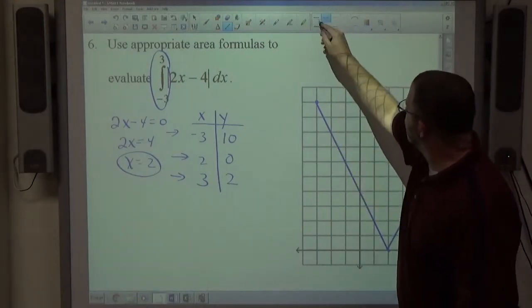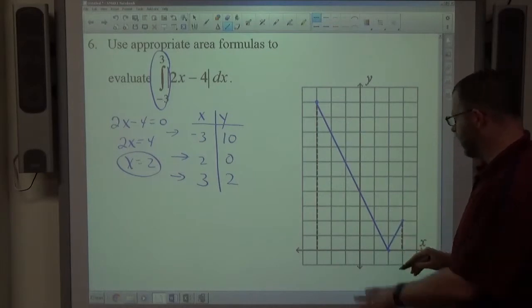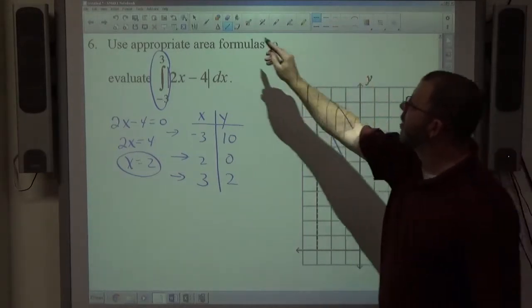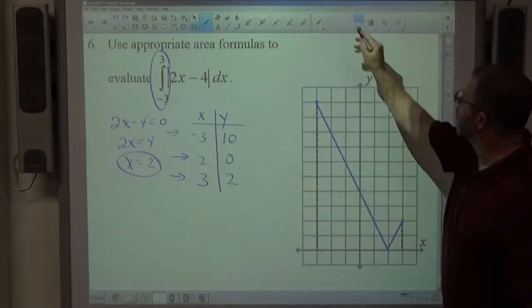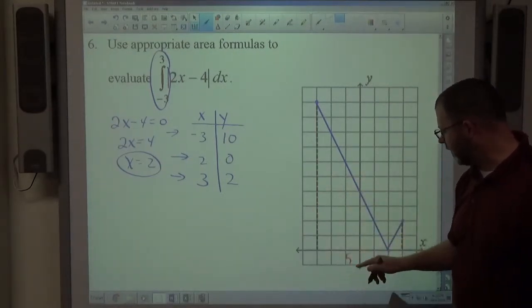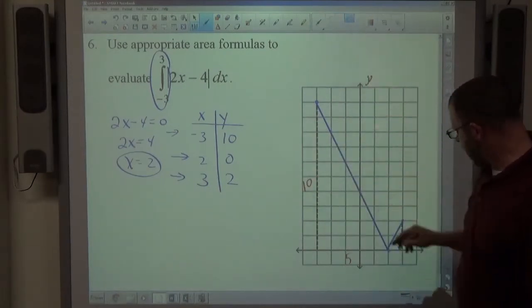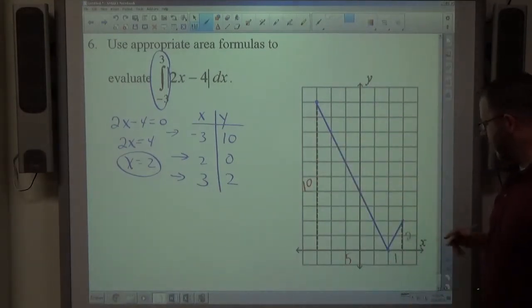And then if I were to draw straight down to the x-axis, you can see we've created 2 triangles here. Triangles have area formulas that we're going to use. So for the bigger triangle, 1, 2, 3, 4, 5 is the base and 10 is the height. For the smaller triangle, 1 is the base and 2 is the height.